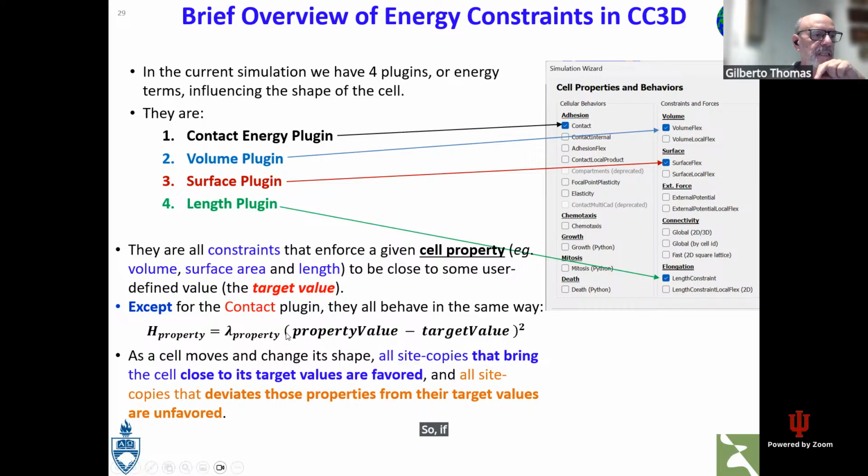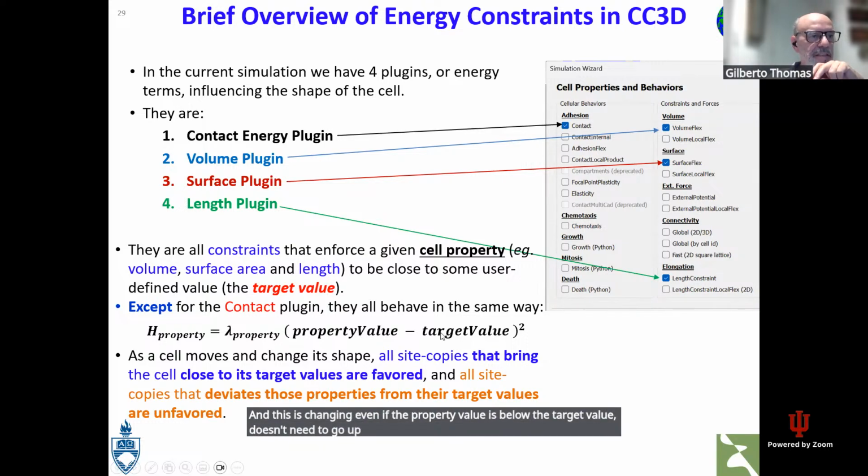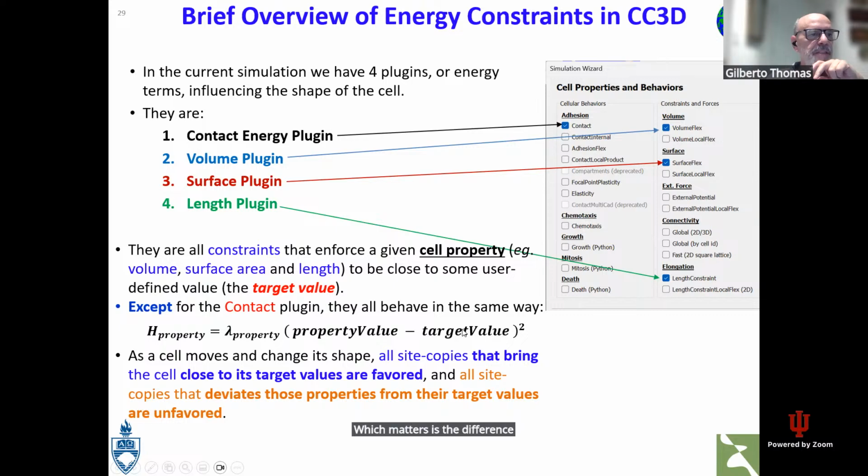So if this term, property value minus target value, increases, the energy increases. So there is a penalty for that. And it's changing even if the property value is below the target value, it doesn't need to go up. What matters is the difference. If the difference is big, even if it's negative, negative is squared, it's positive, then energy is increased.